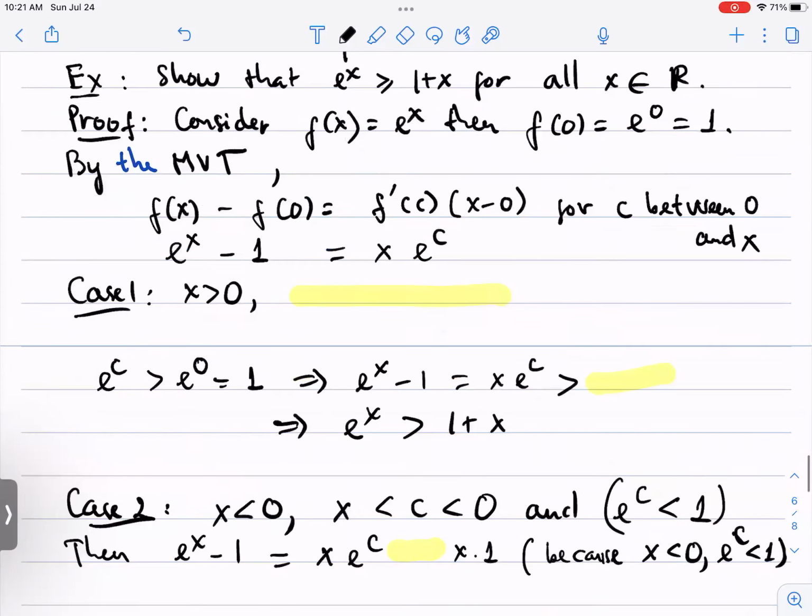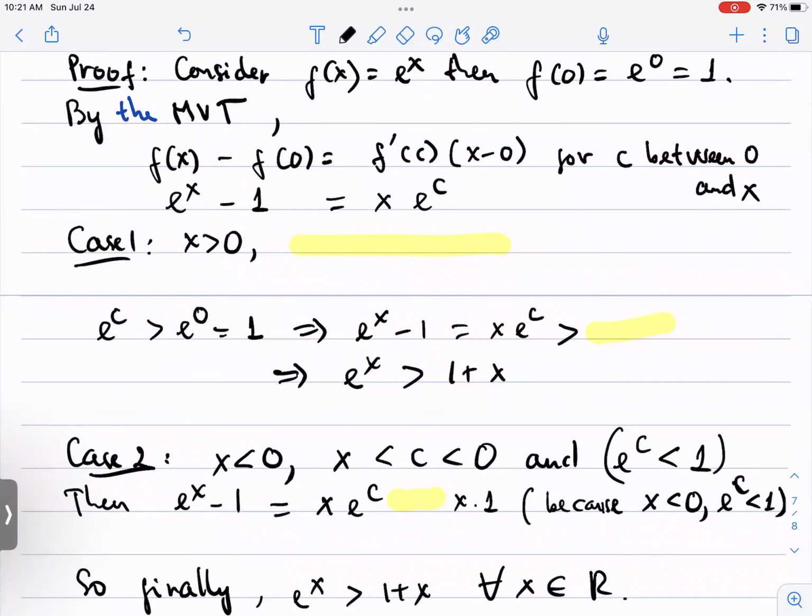Now we consider two cases. The first case is x bigger than 0. Then the implication is that c must be bigger than 0. Why? Let me draw a picture here. This is 0. Now x is some number bigger than 0. c is between 0 and x. So c must be somewhere inside this interval.